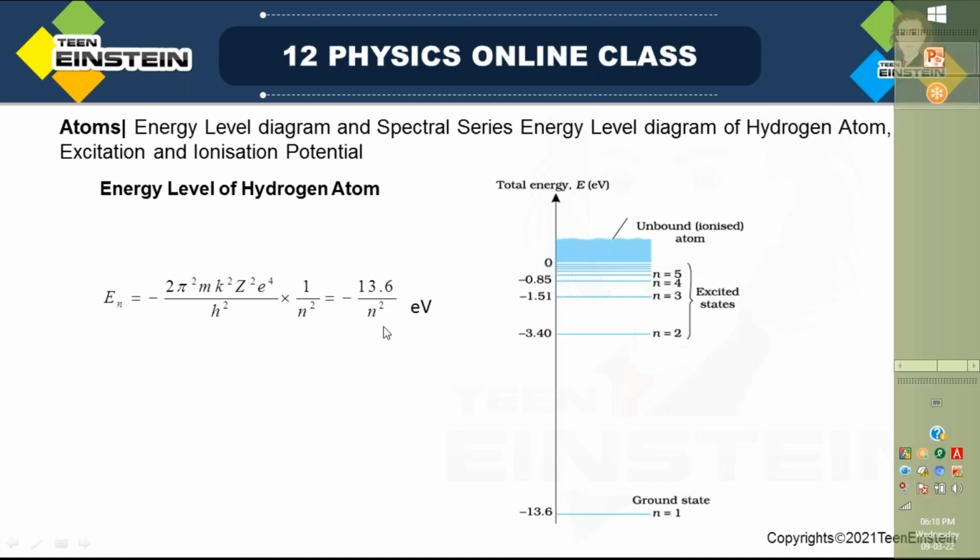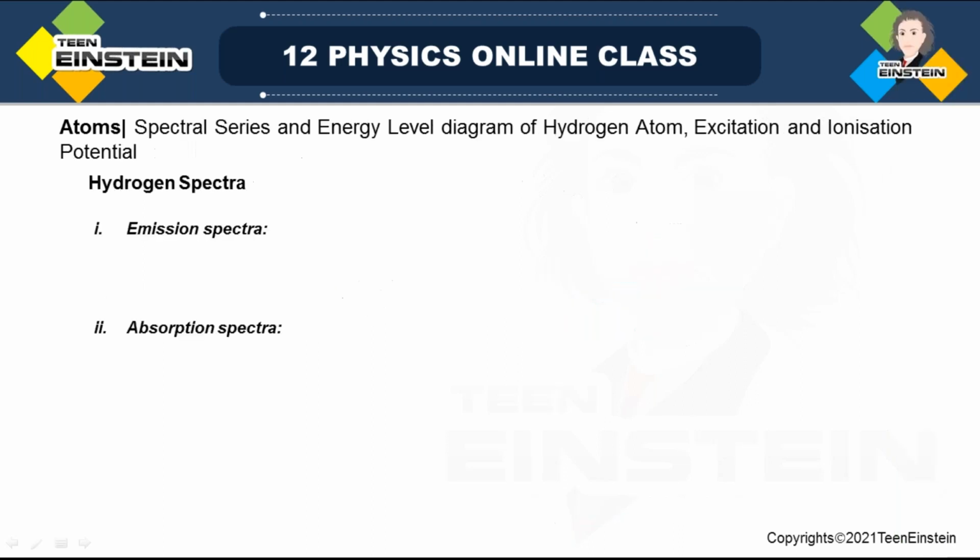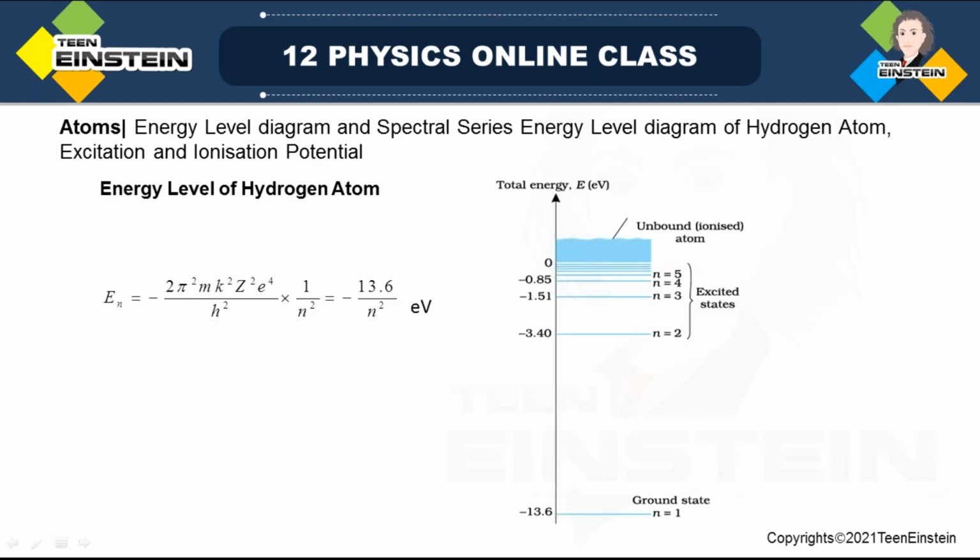So very good evening. We were studying atoms, atomic spectra, etc. We had already learned Bohr's atomic model, and we have learned that Bohr's atomic model can provide the explanation for the line spectra.